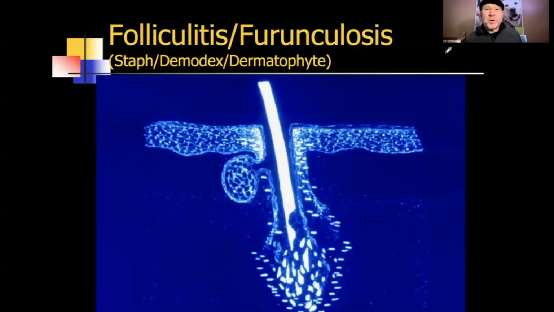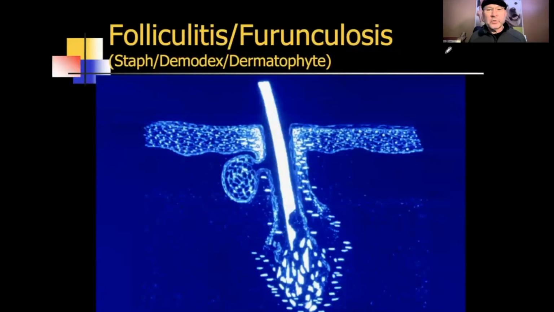Okay, so the first part of these infectious diseases is folliculitis and furunculosis, and this is infection of the hair follicle. And when it's a mild infection with a papular, mosquito-bite-looking, lumpy bumpy rash that crusts, that's folliculitis.